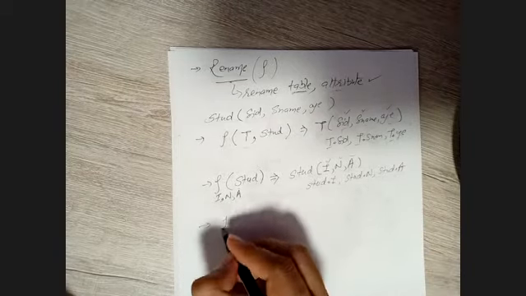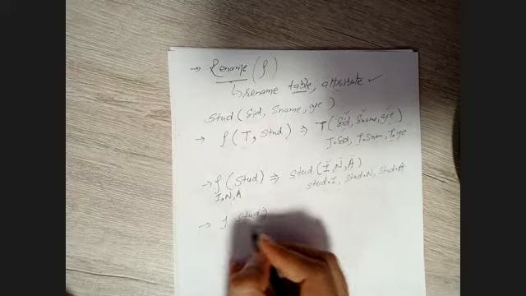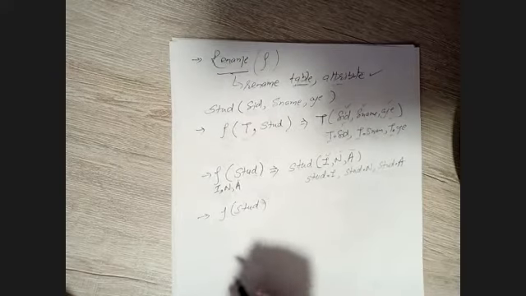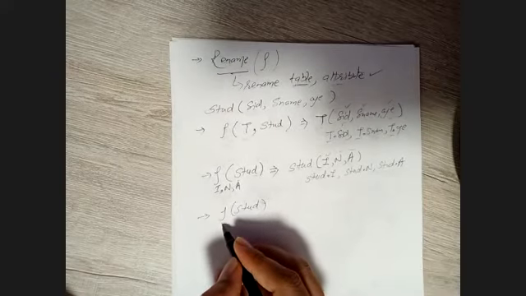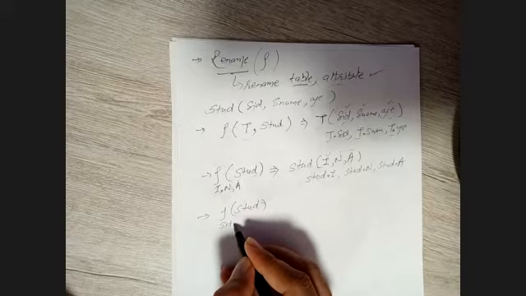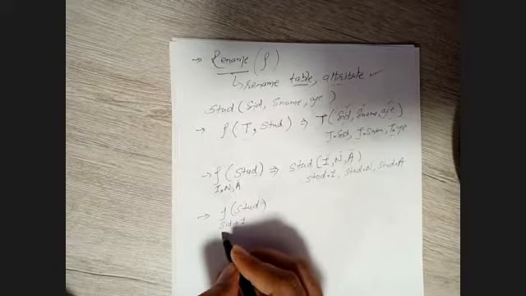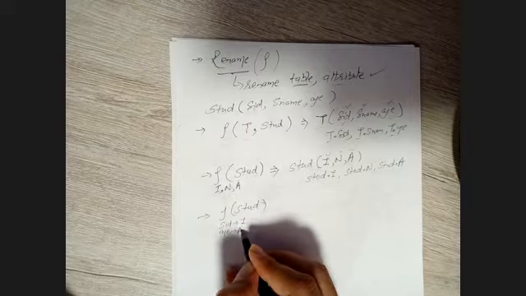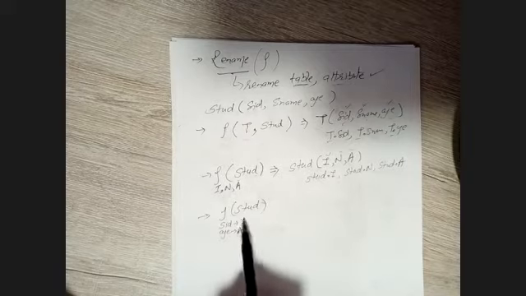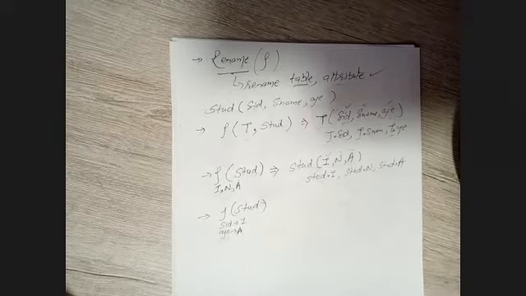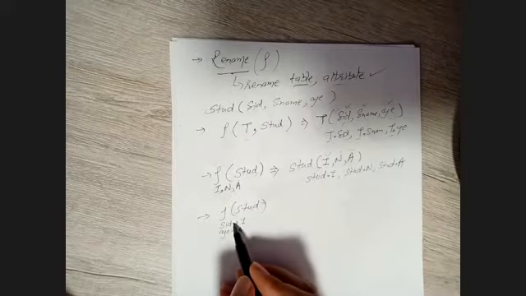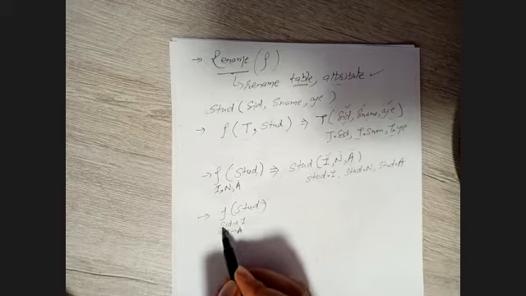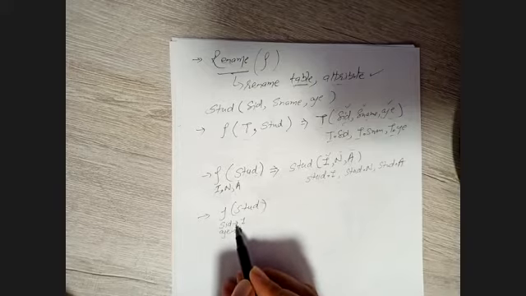For example, if I want to rename only this attribute, that is student, something like this, I want to rename SID to I and age to A. If I want to rename a subset of attributes, not all the attributes, I will use the previous name of the attribute, an arrow sign, and on the right side provide the new name.